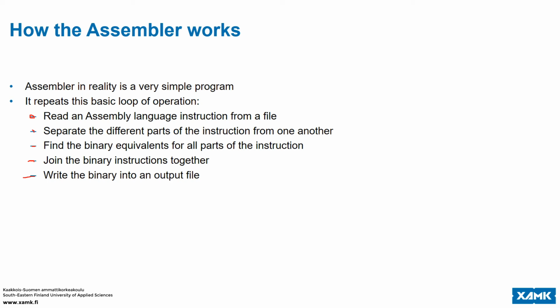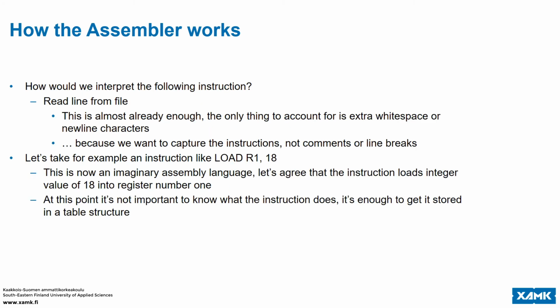For example, let's look at an instruction that could be something like this: load the number or value 18 to register R1. Again, this is a made-up example. So we could read something like this from the text file where the assembly code is. Right now it's not even important to understand what this instruction does.